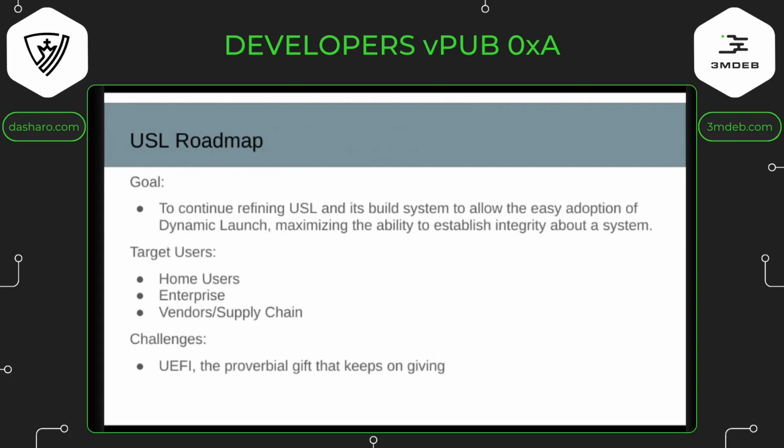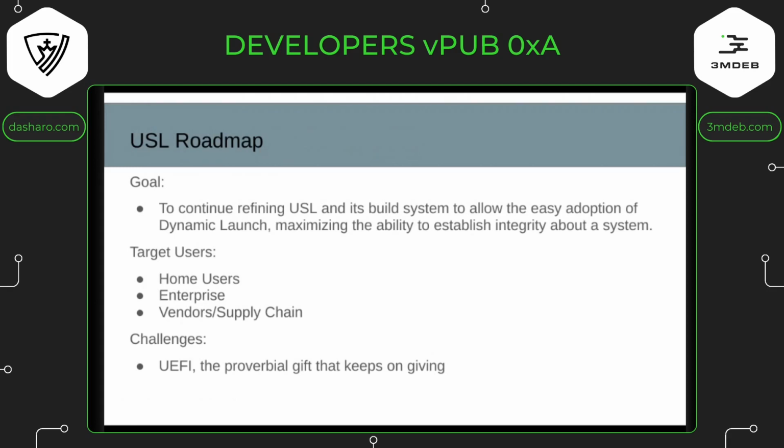In terms of a larger roadmap of where we're going to take all of this, we're going to continue refining USL, expand its build system, and hopefully make it much easier for people to just use the dynamic launch capability. Linux distros should be able to incorporate this easily once we've got a lot of this stabilized.